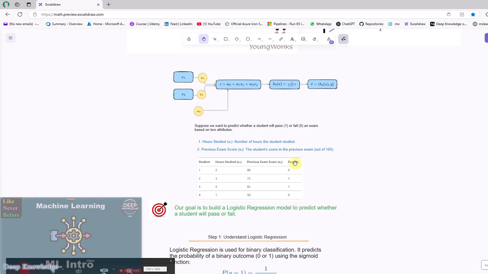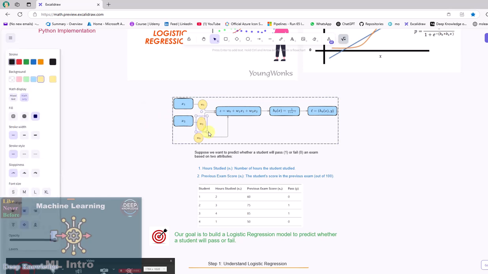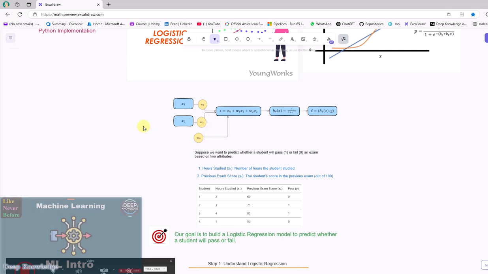Assume that we have only these two variables, and I just replace them with x1 and x2. With gradient descent, each variable will be connected to a weight: weight 1, for instance, and this is weight 2, and this is weight 0.